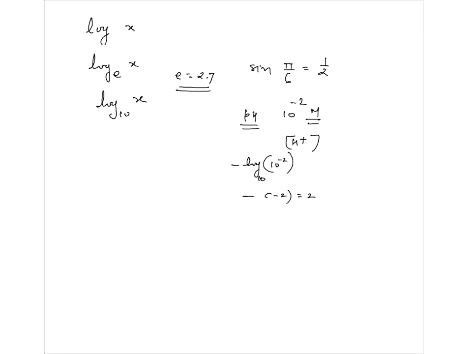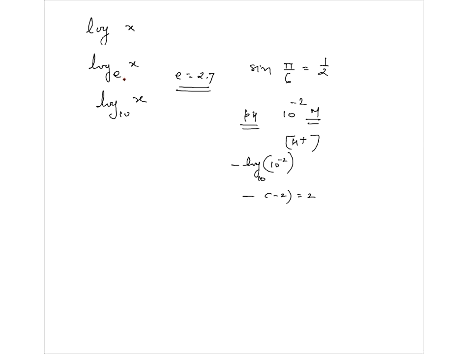E is very important in calculus. Log is a function, an operator. Log of 10 to the power minus 2 to the base 10 is minus 2. But if you change the base from 10 to E, log changes its value.